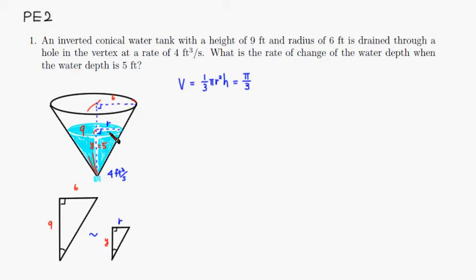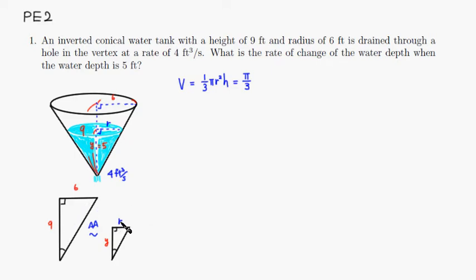So I pull out this big right triangle and this little triangle, and those are similar triangles because you have the right angle here and these angles are shared. Angle-angle tells you that these are similar triangles, so we can take the ratio between corresponding sides. The ratio is 6 to 9, or 2 to 3.